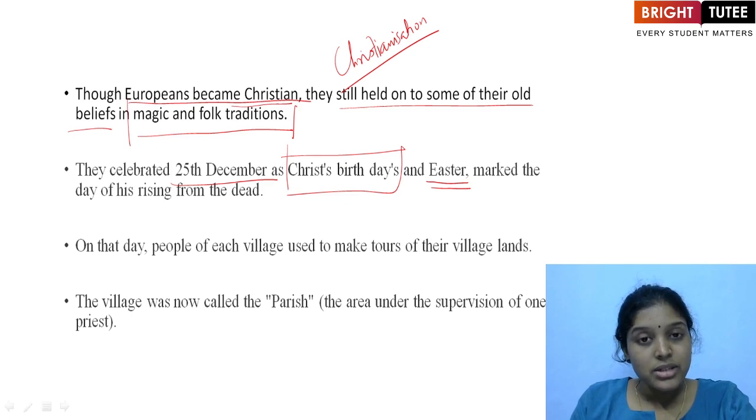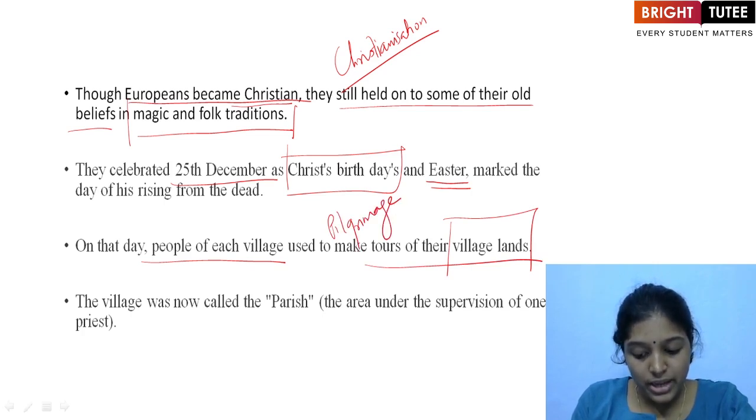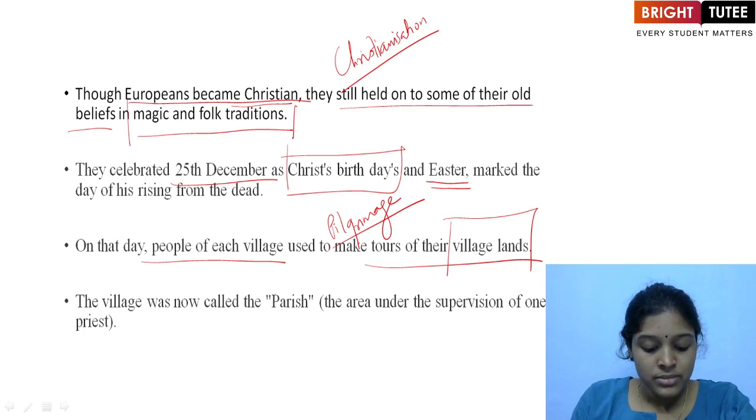And on such special days, people of each village used to make tours to their village lands. So they went on pilgrimage, that is, going to a holy place to pray, to express their thanks to the Lord. And the village was now called parish.